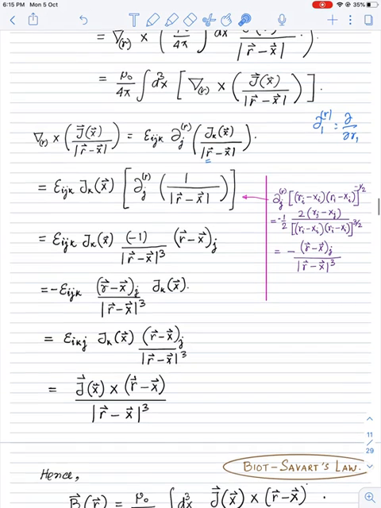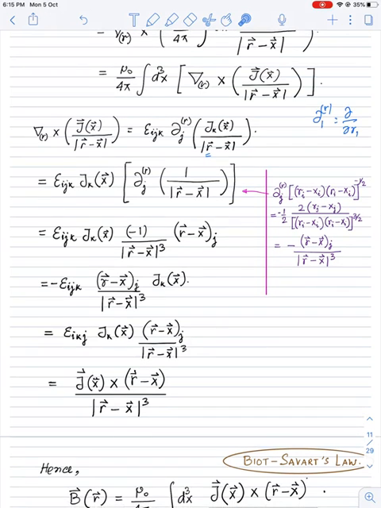Once this follows, these two factors cancel, and you can write this as minus r vector minus x vector j, the jth component of that, and you can plug it back into this expression here and adjust the minus sign by rearranging the indices. You remember epsilon is completely antisymmetric, so if you exchange any two indices, you get a sign. If you do the exchange twice, you don't get any sign.